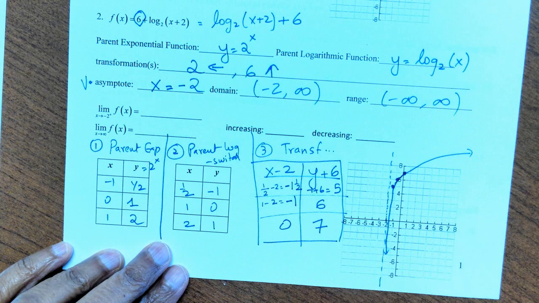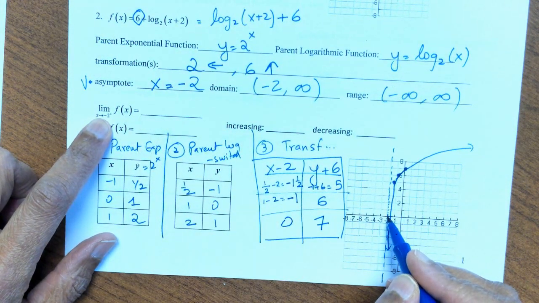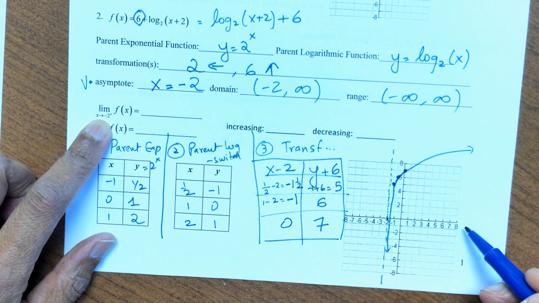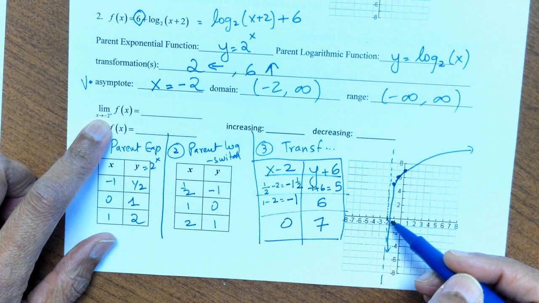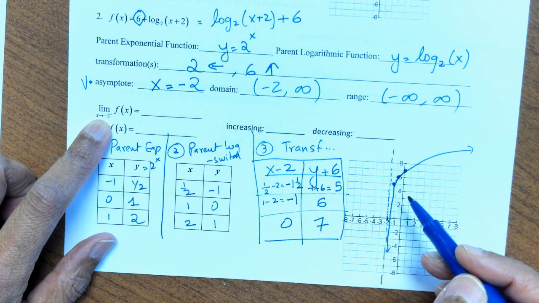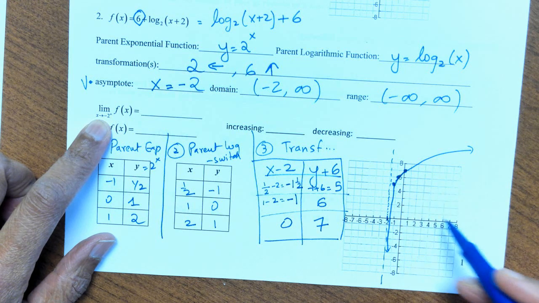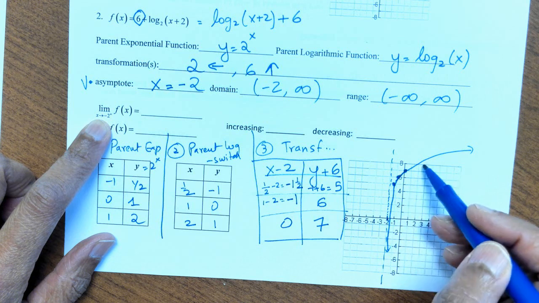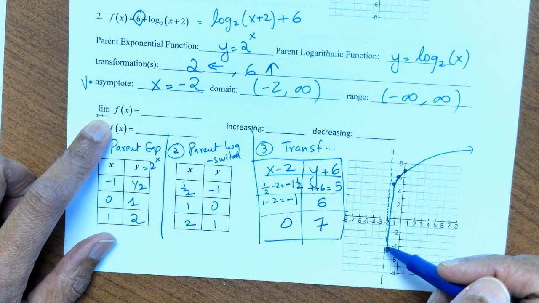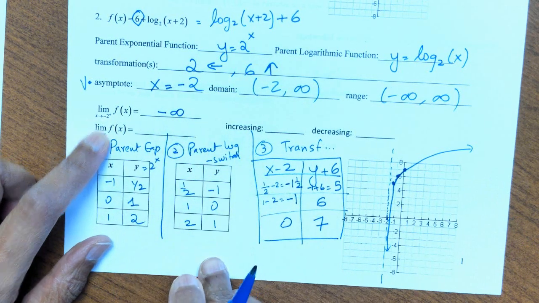Let's look at the limit. Limit as x is going towards negative 2, so basically towards the asymptote, but from the positive side. As you're getting closer and closer to negative 2, my graph is dropping, so here we're talking about negative infinity.